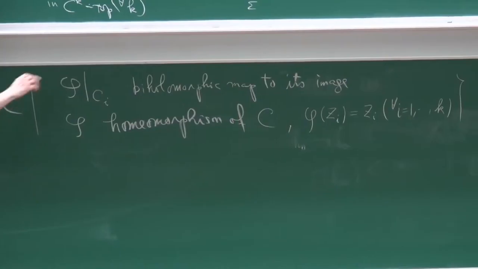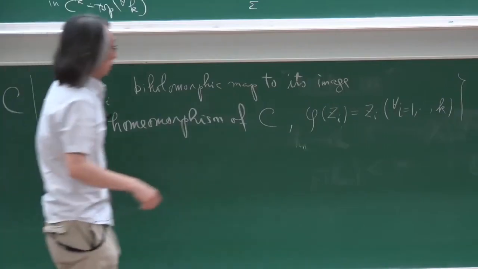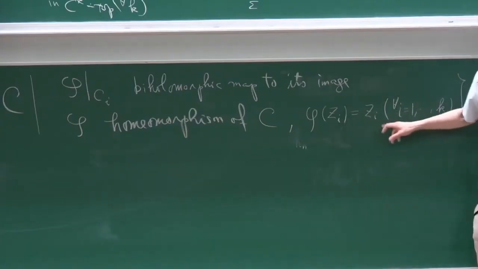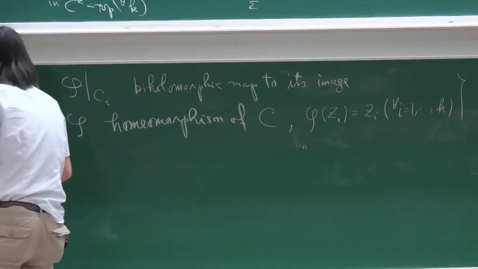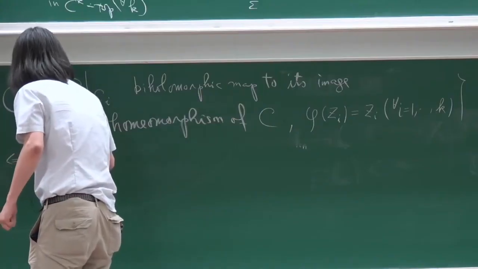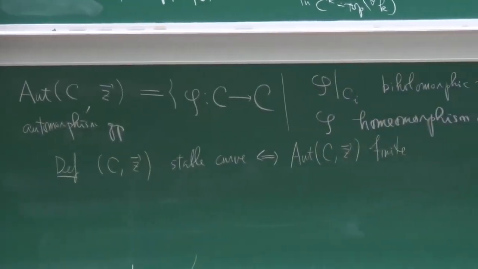But anyway, this is a biholomorphic map, and phi should be a homeomorphism. So there is a kind of permutation of components and permutation of the nodal points, but marked points are just mapped to themselves. And this is an automorphism. Then the definition is that this pair (C, z) is a stable curve if and only if this automorphism group is finite. So this is the definition.